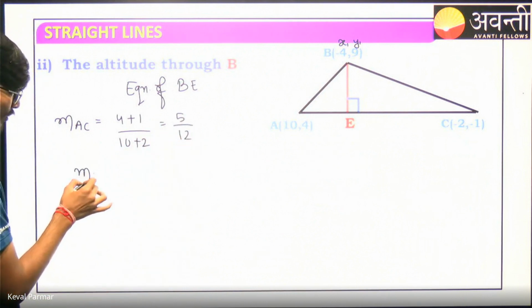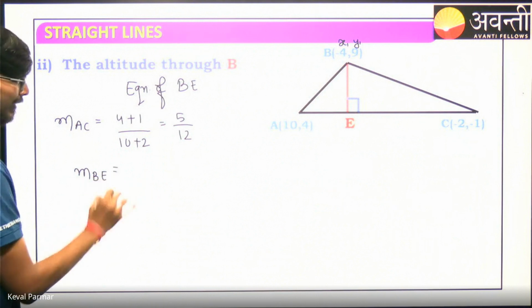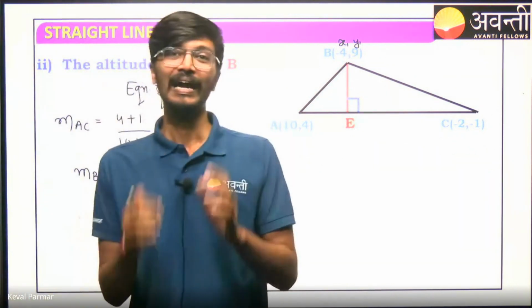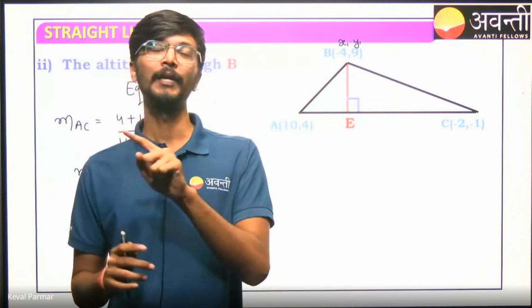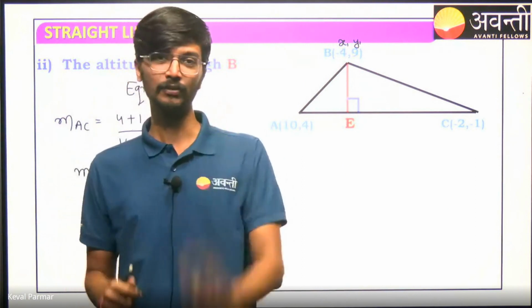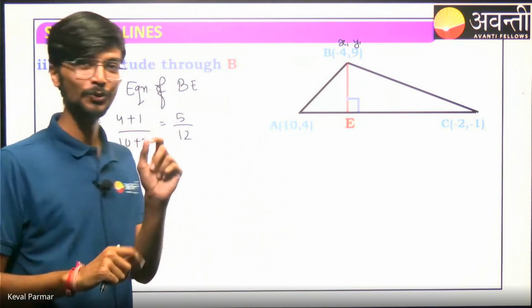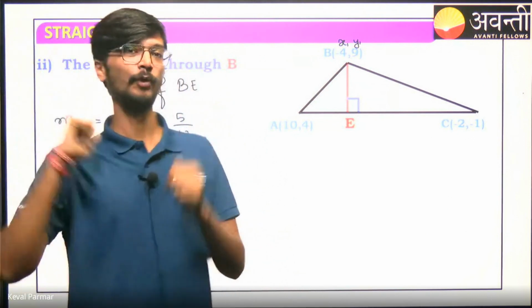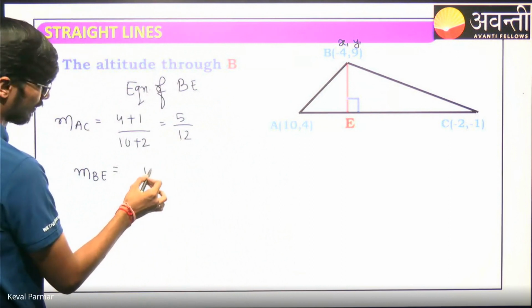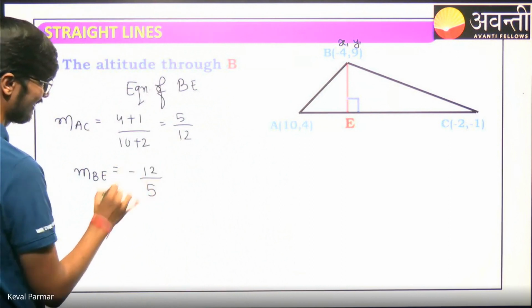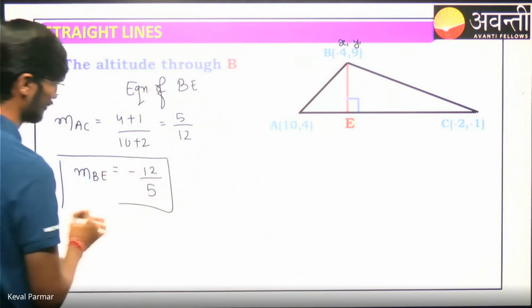Now, as we know, BE is perpendicular to AC, and we have studied that if two lines are perpendicular, then the product of slopes is -1. So going by that logic, the slope of BE, do you remember how we used to do that? Negative reciprocal. So first reciprocal this, and then the negative sign. So this is the slope.